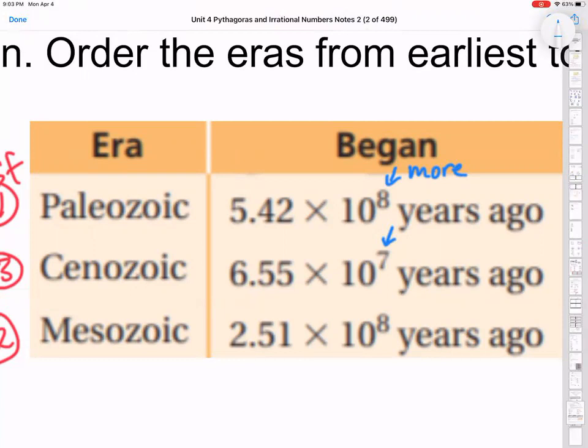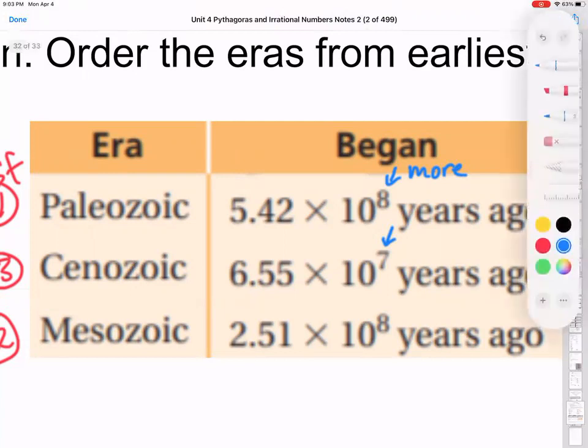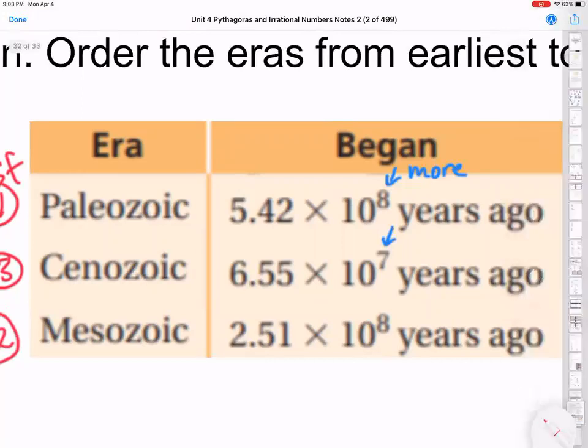Now, what happens when you see that they're exactly the same? For example, the Paleozoic and the Mesozoic both share that exponent 8. This is where the integers come into play. You want to look at your 5 versus your 2. Well, 5 is obviously bigger than 2, and that's how you know in the end it's going to be more, because it's a bigger integer.